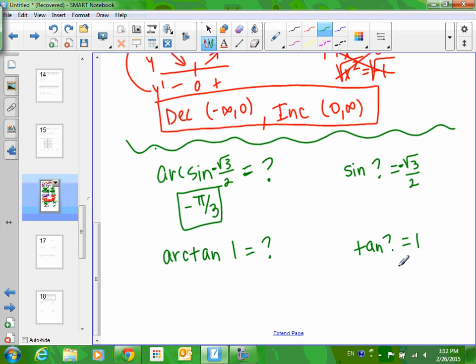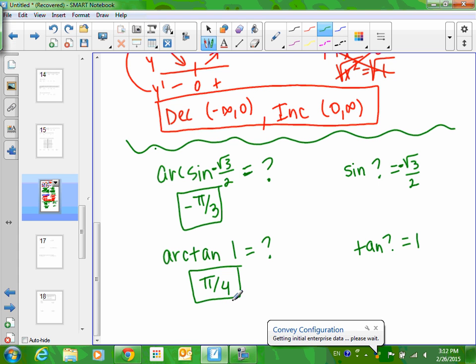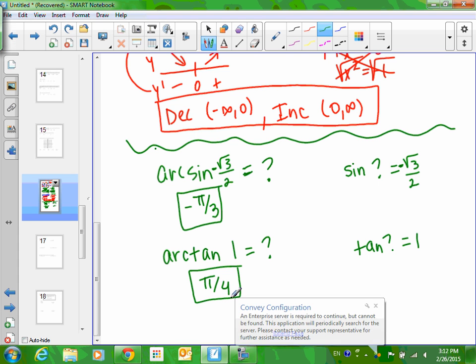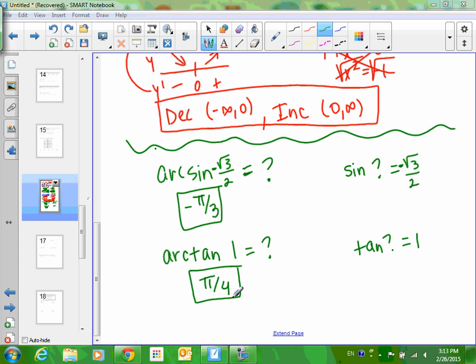So again, it's like 30, 60, 45. It could be 0 or 90. It could be one of those two. But it can't just be anything. So what do you guys think? How'd you get that? Because tangent is opposite over adjacent, and so they would have to be the same. So it had to be a 45, 45, 90, where the two sides are the same.